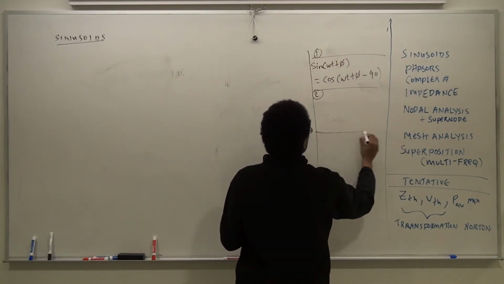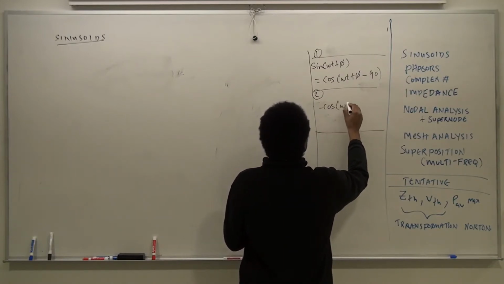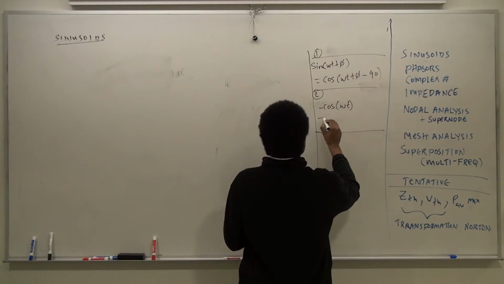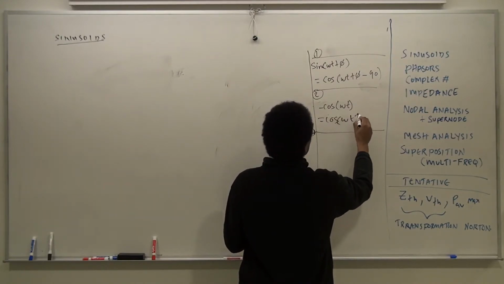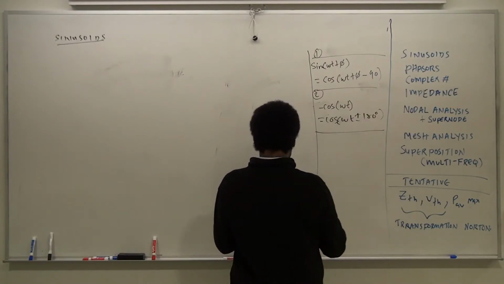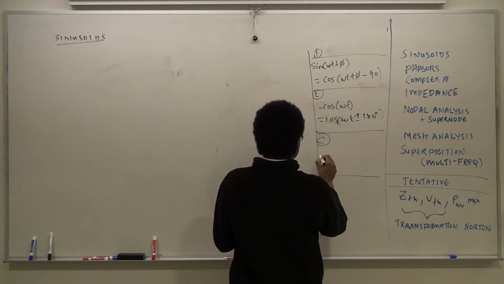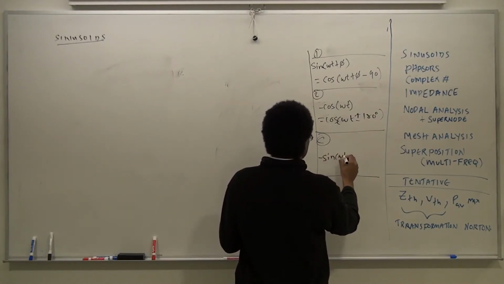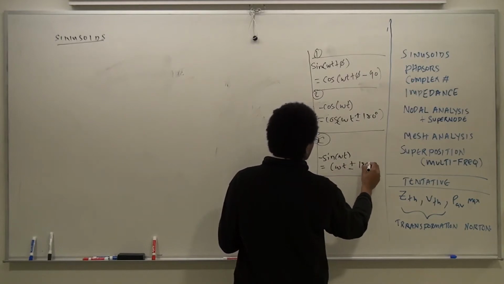The second one: negative cos WT is equal to cos(WT plus or minus 180 degrees). And then the third: negative sine WT is equal to sine(WT plus or minus 180 degrees).